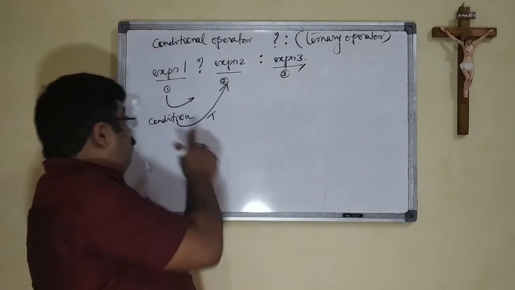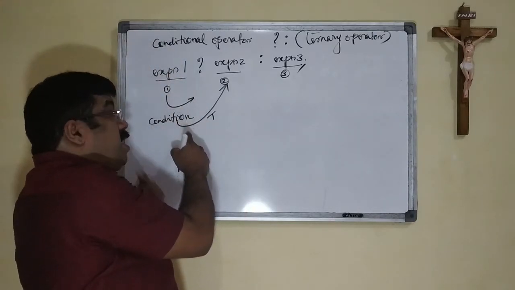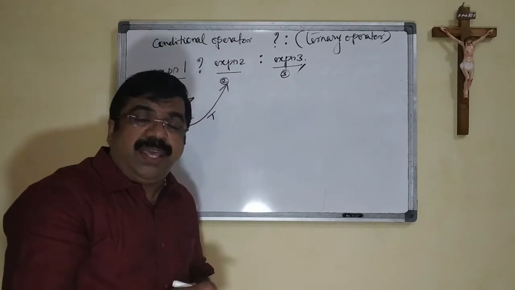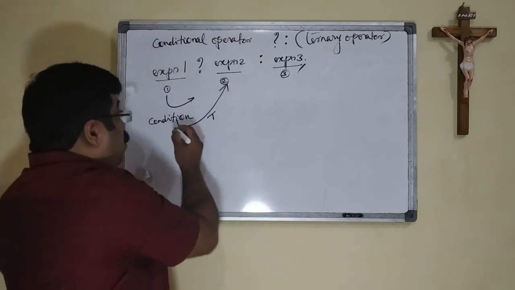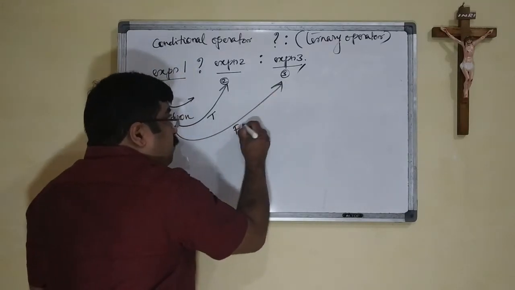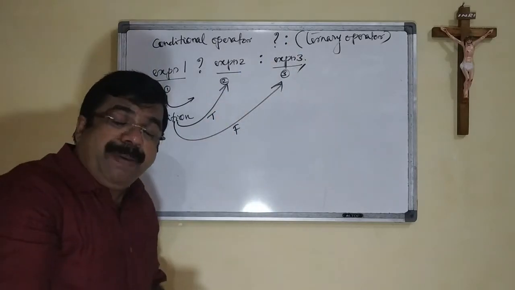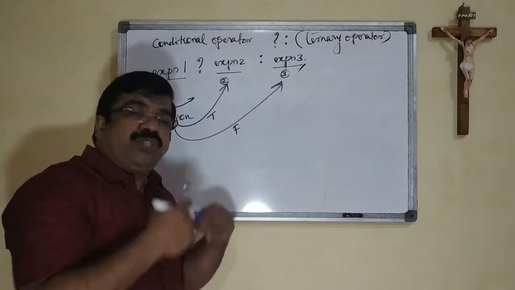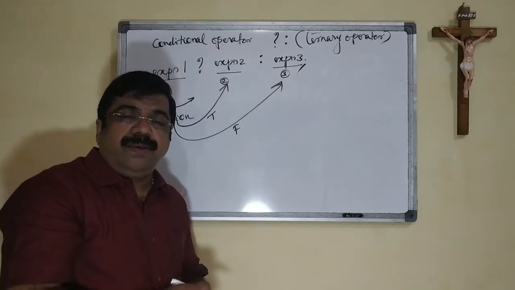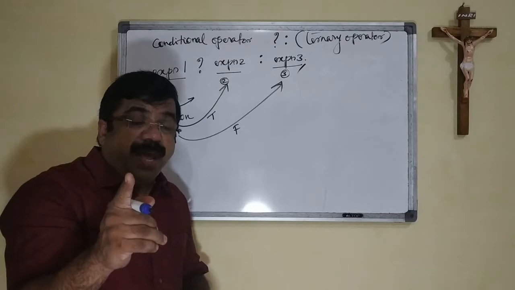That means when the condition expression 1 is true, expression 2 will be the result of the expression. Or otherwise, when this condition is false, expression 3 will be evaluated, or expression 3 will be the result. I think it's clear.